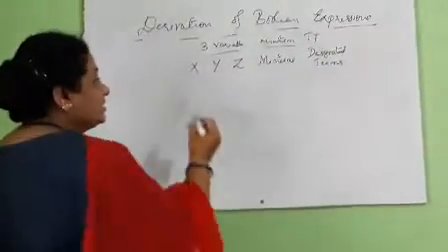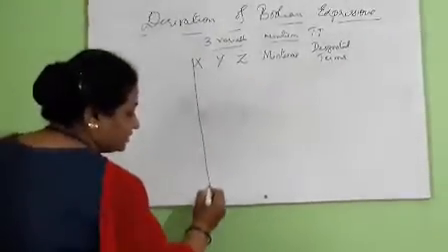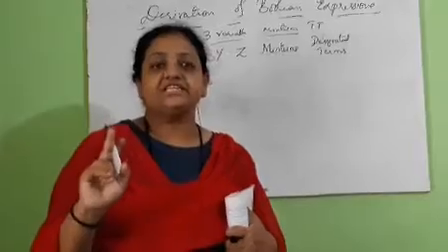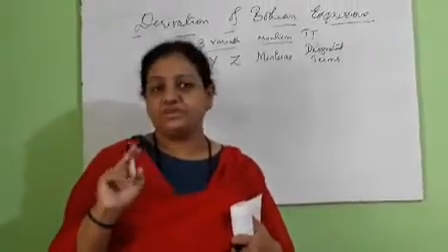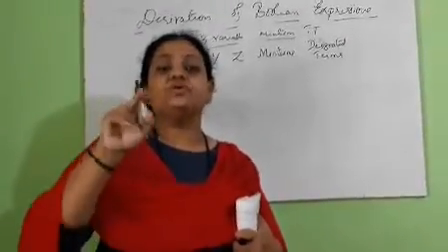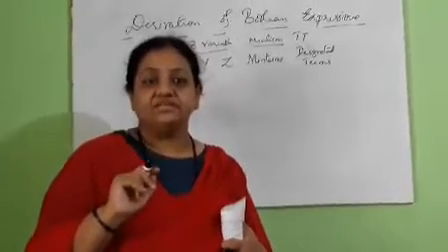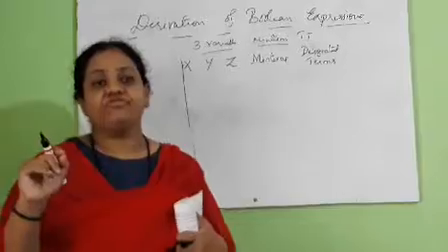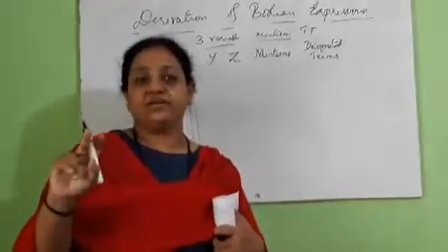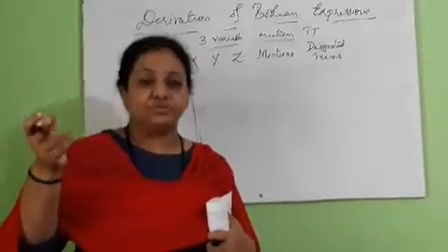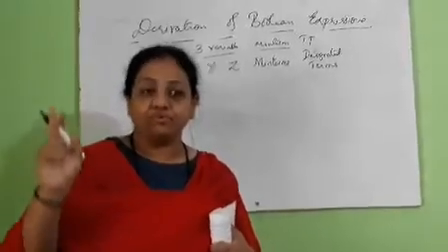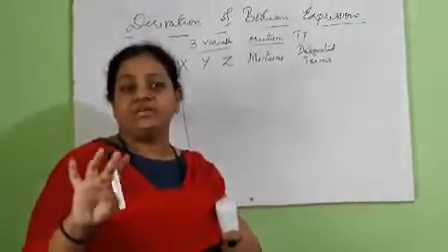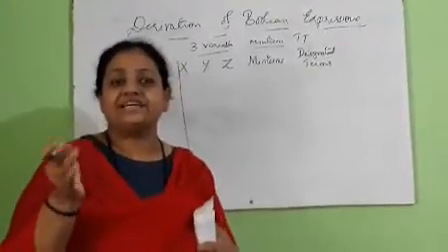As we know, each variable can take two values, 0 or 1. So 2 to the power of 3 is equal to 8, so there will be 8 possible combinations of values. If there are two variables, 2 to the power of 2 is equal to 4. In the previous truth table you saw 4 combinations of inputs for x and y.